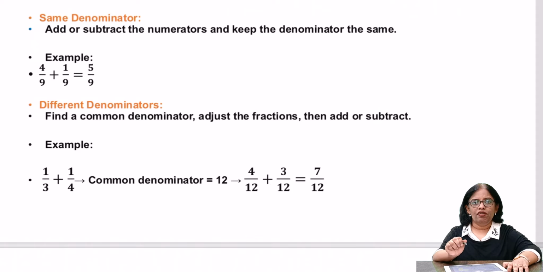When the denominators are same, remember, addition of fraction means when the denominators are same, you have to add the numerators only and write the denominator for one time. Whatever I wrote right now, that is 4 upon 9 plus 1 upon 9 is 5 upon 9. 4 plus 1 is 5, 9 for one time.